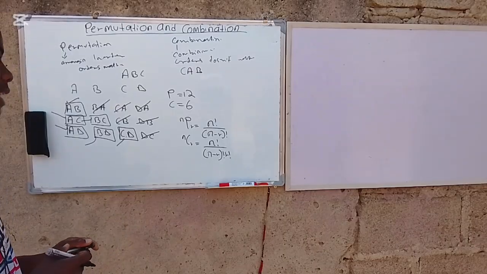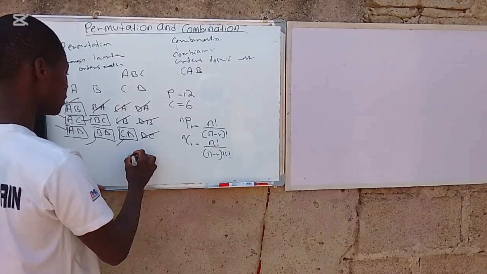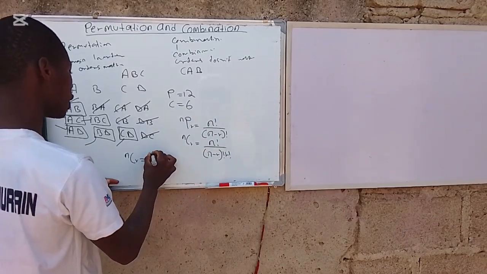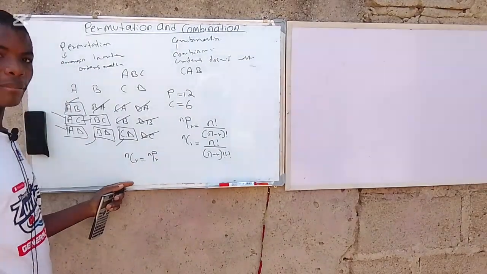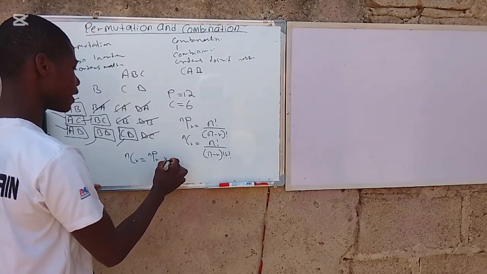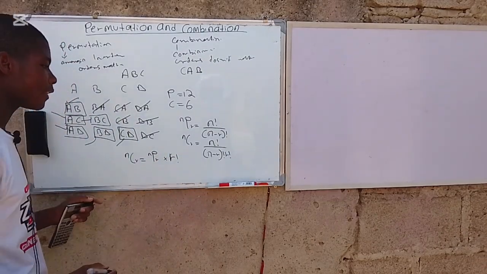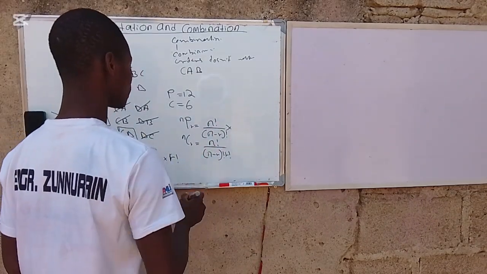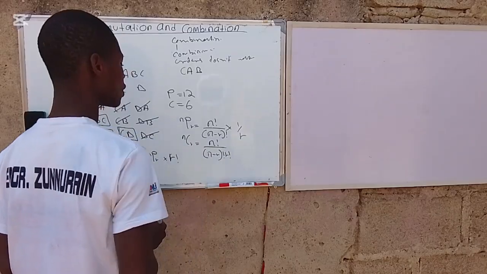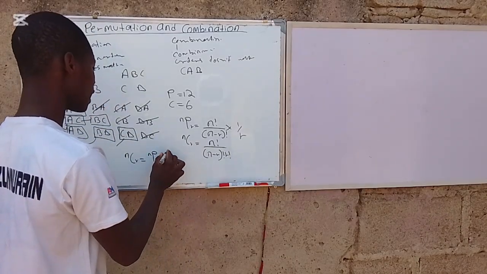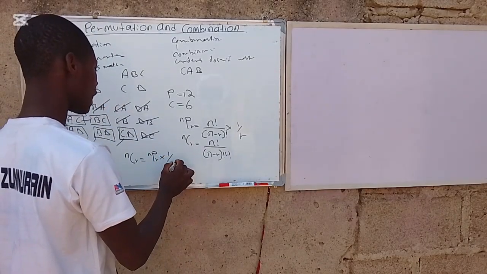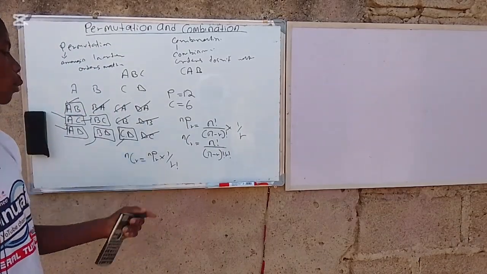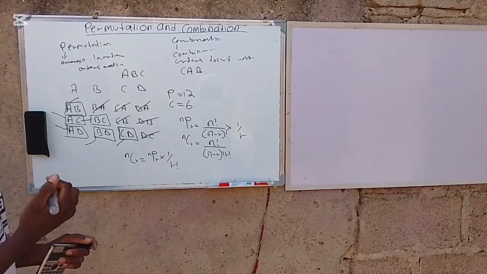As you can see, combination is the same thing as the permutation multiplied by 1 over r factorial. So combination is the same thing as permutation multiplied by 1 over r factorial.